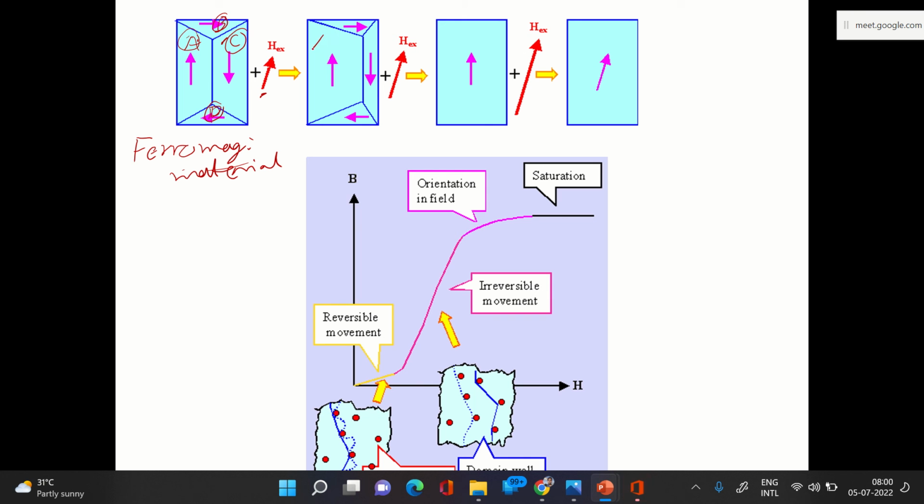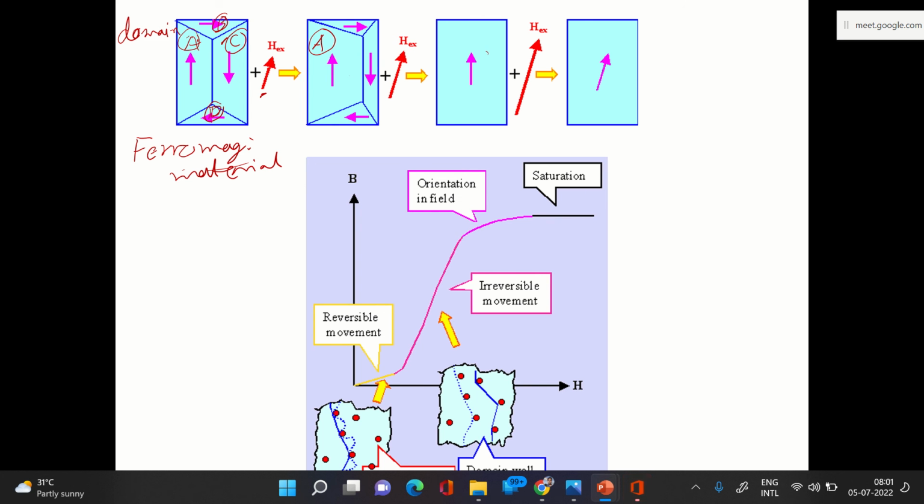You can see that domain A is growing in size, and the nearby adjacent domains have become smaller. Some of the spins in the adjacent domains are getting aligned with this, and finally you will get a single domain from multiple domains.